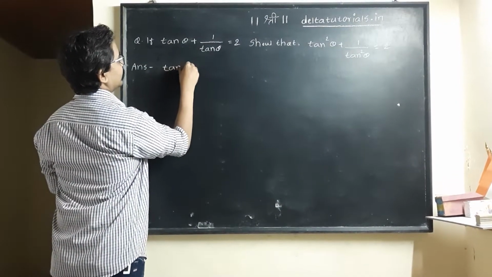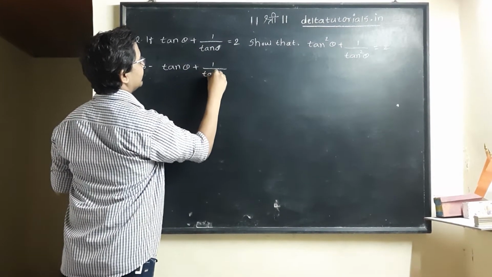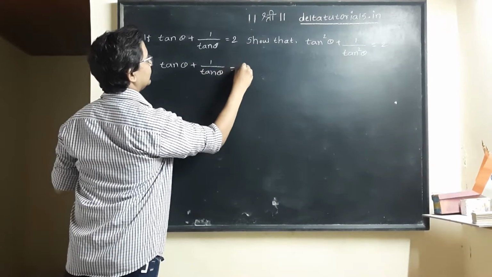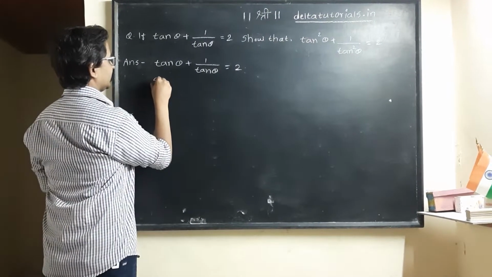Tan theta plus 1 upon tan theta equal to 2. This is our given expression. Now squaring both sides.